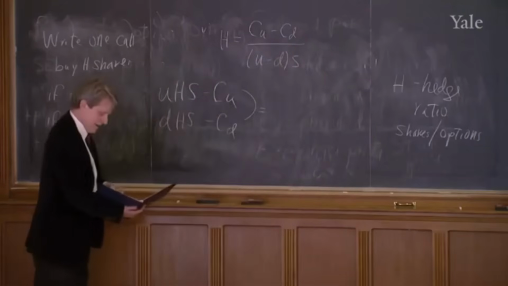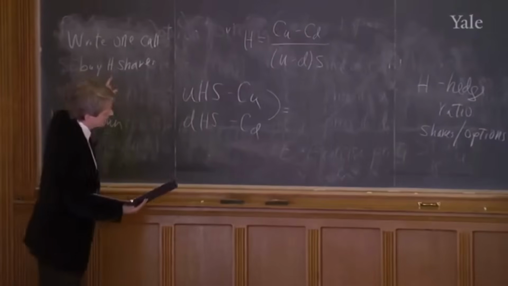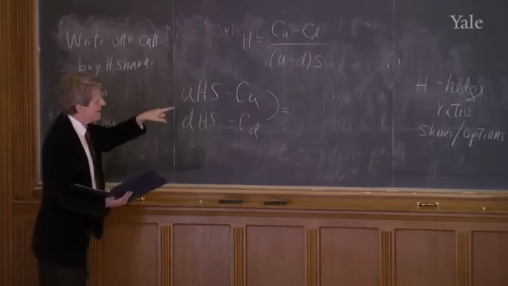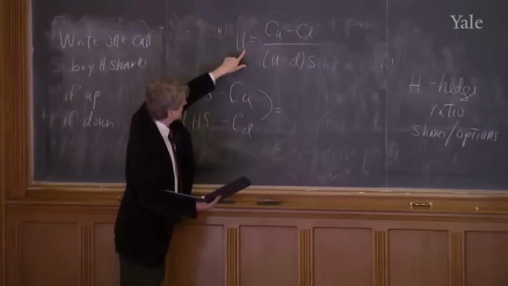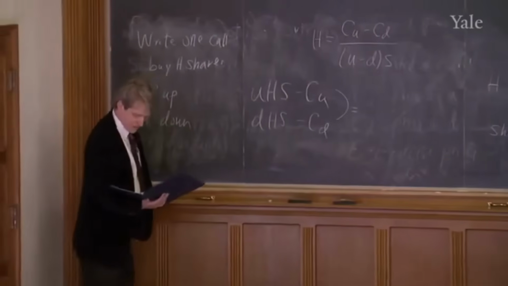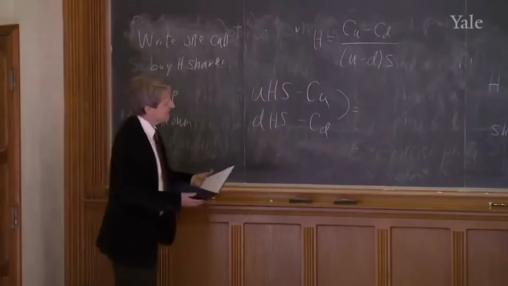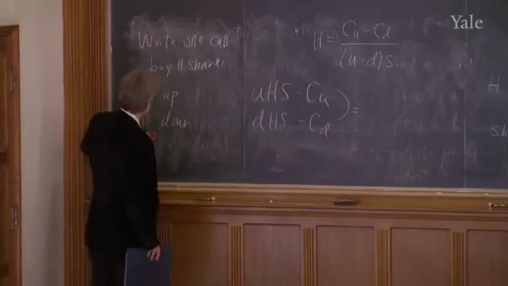Okay? So I've been able to put together a portfolio of the stock and the option that has zero risk. If I hold this amount of shares in my portfolio, I've got a riskless portfolio. So that means that the riskless portfolio has to earn the riskless rate, right?